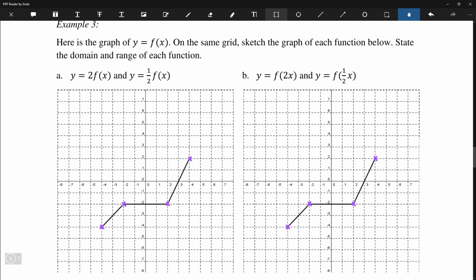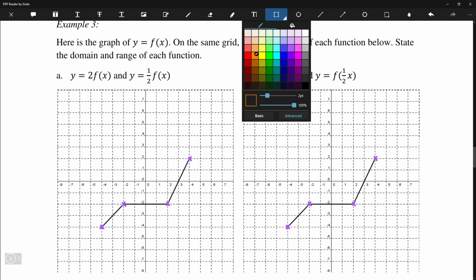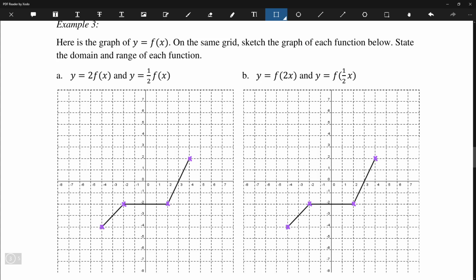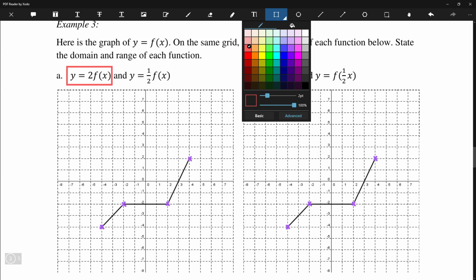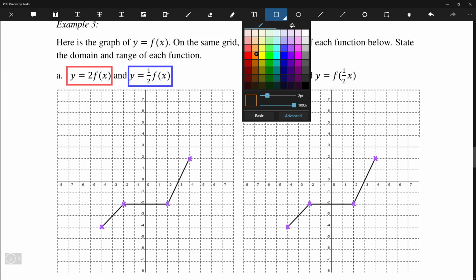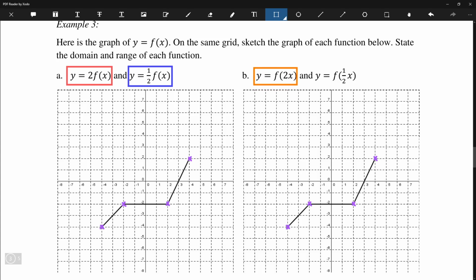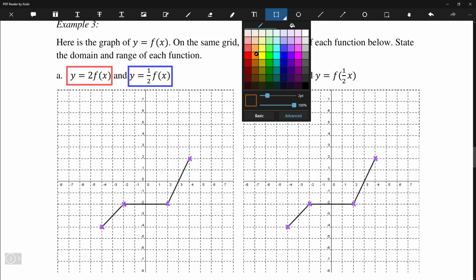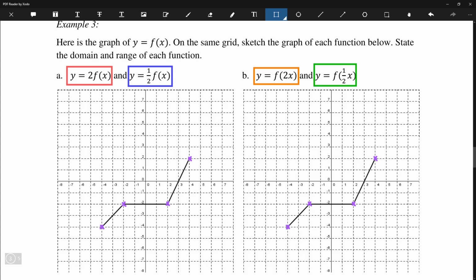We're going to use red for the first part, and then blue for the 1/2. After that, for the horizontal stretches, we will use orange and green.